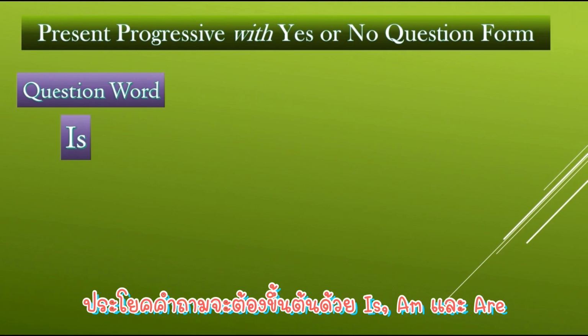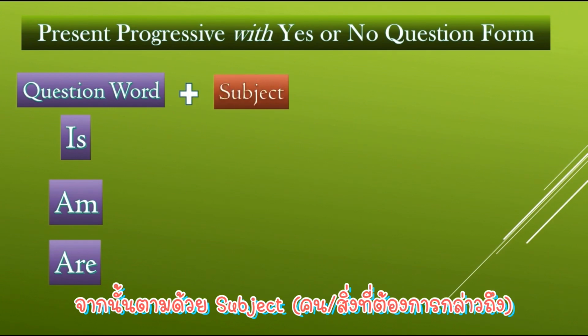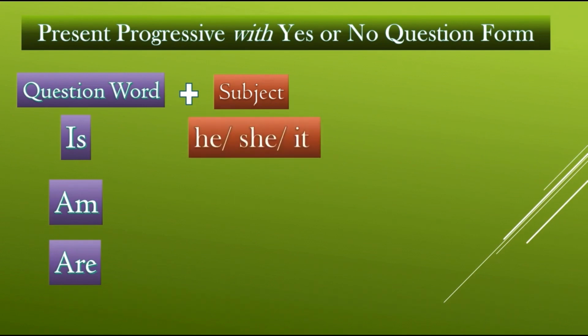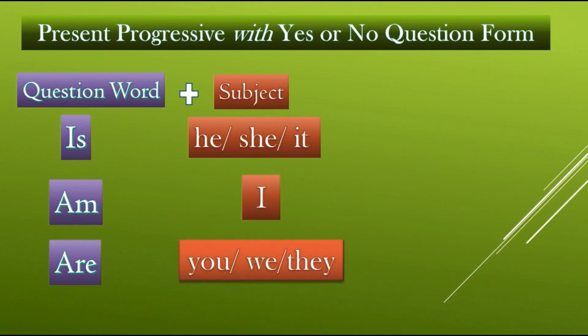For the present progressive yes or no question, the question will start with is, am, or are. Plus the subject: he, she, it, I, you, we, they.